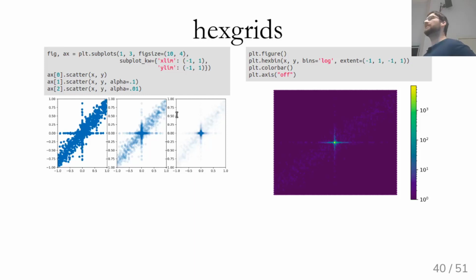It's called hex grids because you're binning not on a rectangular grid, but with hexagons in a honeycomb structure. You could also do this on a regular 2D grid, but the main idea is that you're visualizing density directly.